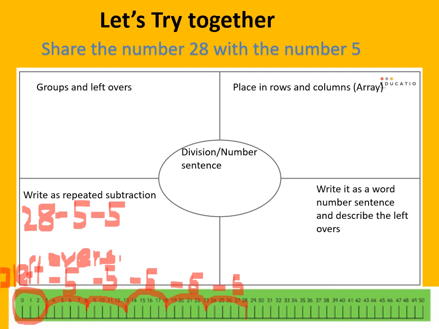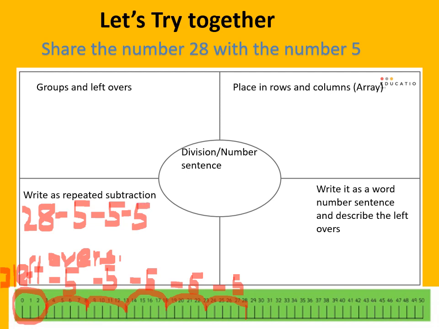So let's check our answer because it's really important that we can actually use addition to check our answers are correct. So we can count by 5s. 5, 10, 15, 20, 25, plus 3 more equals 28. Okay, so we need to add all of our 5s.